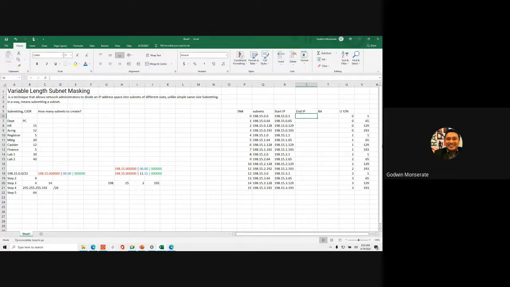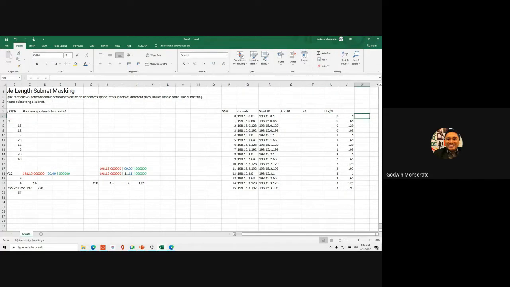Any number added with 62, so I create 61 plus 61 for 62, 63. So this plus this plus 61. These are my end IPs. Is it correct? 126 is my end IP for the second. So 127 before 128. Am I correct? This is the last. Yes, sir. Of course. Do you agree with me, right? Okay.